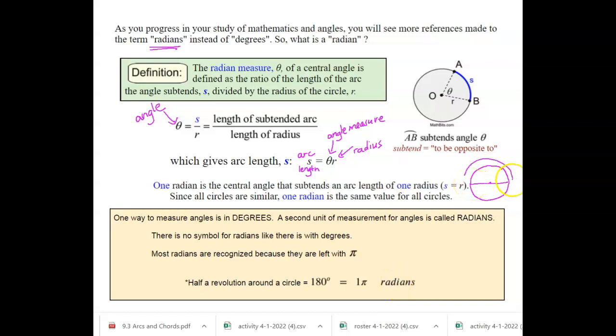So 180 degrees is 3.14 radians. Okay, so it's not a nice conversion. Typically a radian measurement will be a decimal, or you'll see the pi symbol in it. And that's kind of how you can signify that it is a radian.